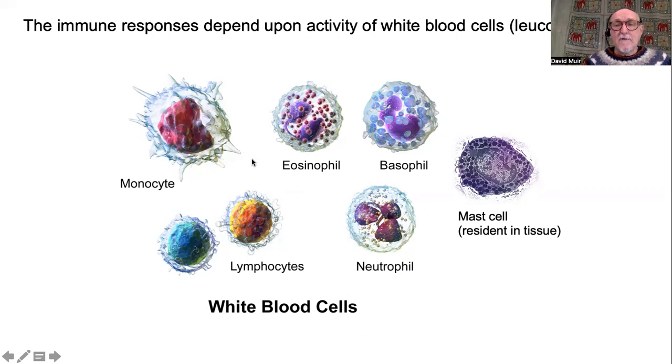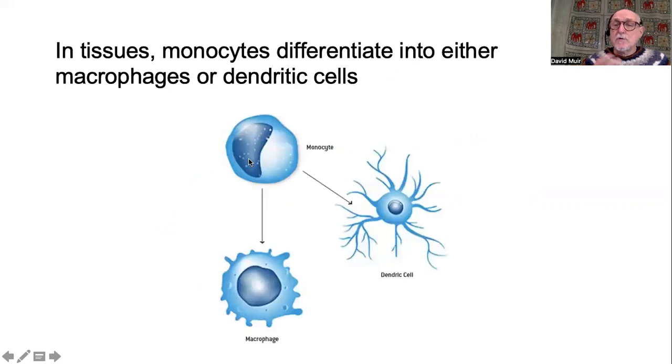But in actual fact, the monocytes differentiate into two groups of cells. Both of these are kind of amoeboid cells, and they take up residence in all of our tissues. They do circulate in the body fluids, but they're especially important as surveillance cells. They move through all of our tissues and organs.